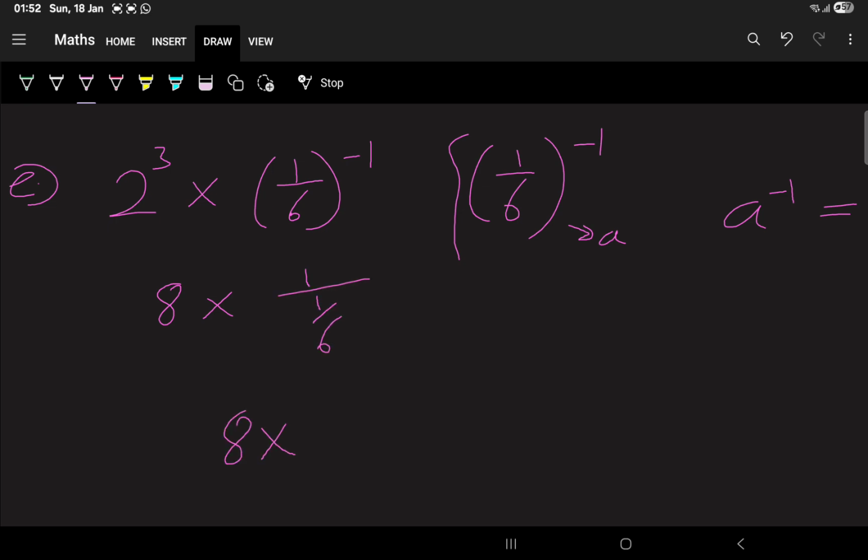Now 8 multiplied by, this is going to simplify to 6. When you take the inverse of 1 over 6, you have 6. So this is going to be 48.